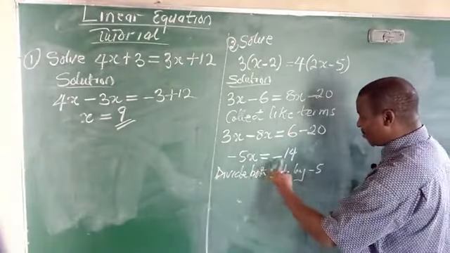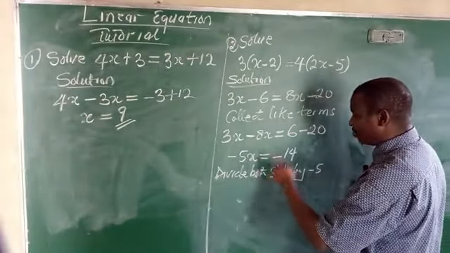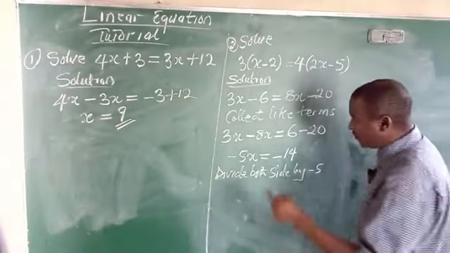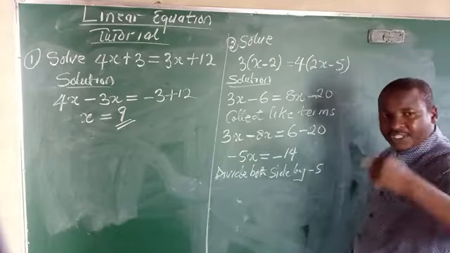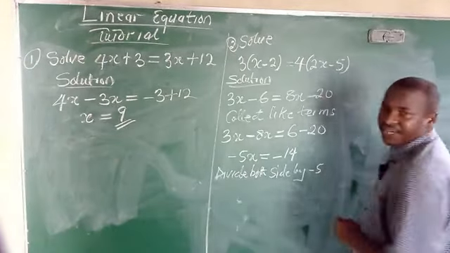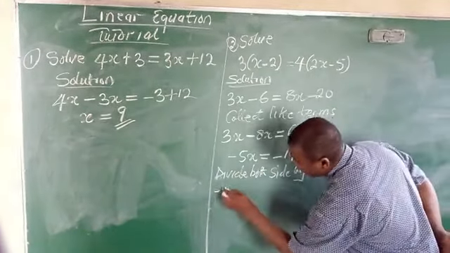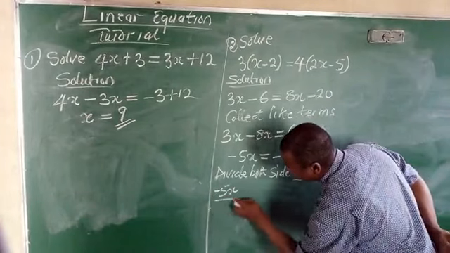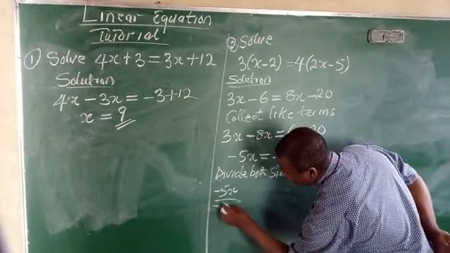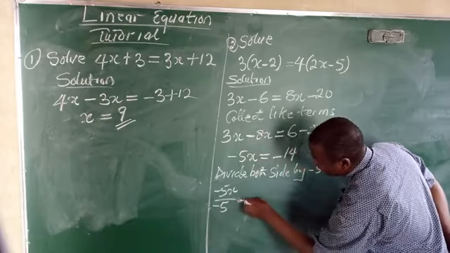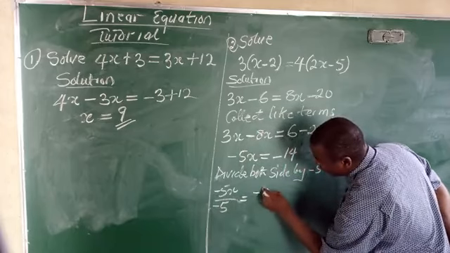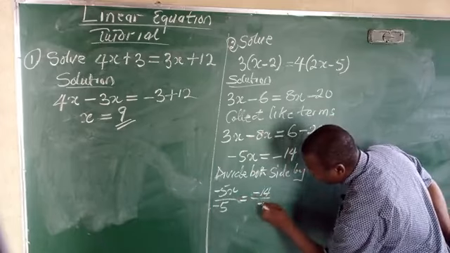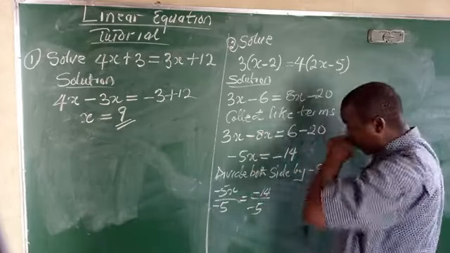We divide both sides of the equation by the coefficient of x. What is the coefficient of x? Minus 5. Therefore, we have minus 5x over minus 5 equal to minus 14 over minus 5.